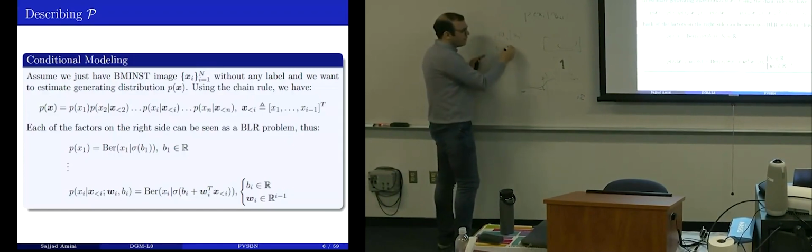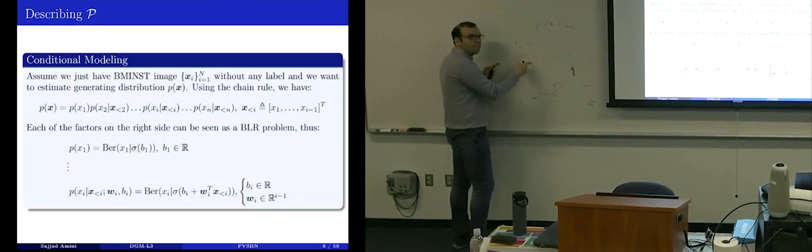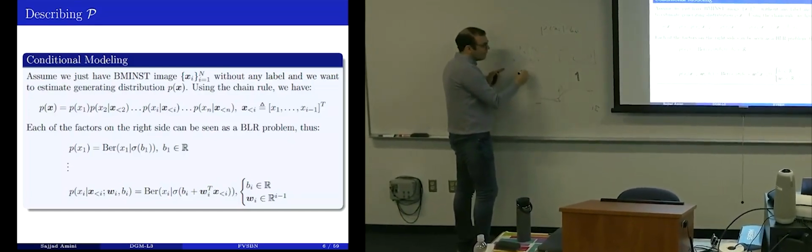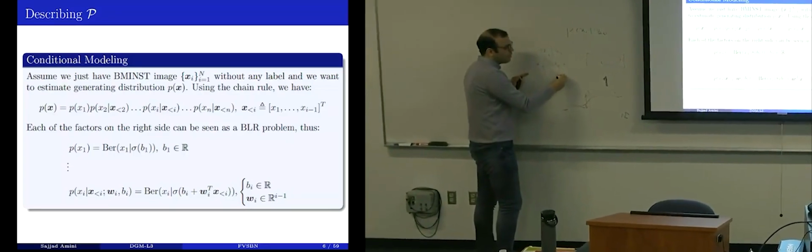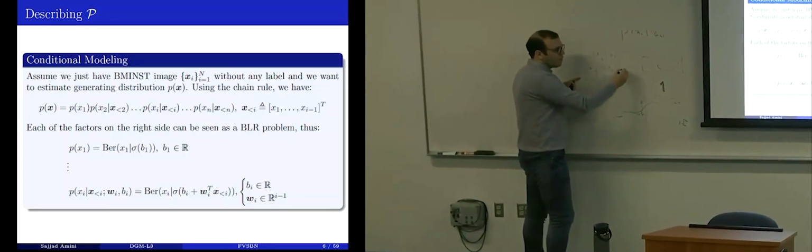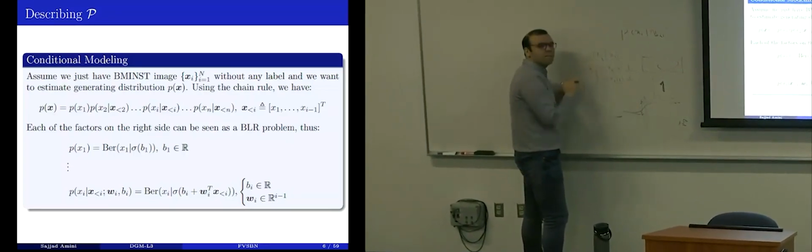One for this distribution, the other for this distribution. So 1 parameter here, 1 parameter here, 2 parameters here. The next one, oh, sorry, I use Persian digits.